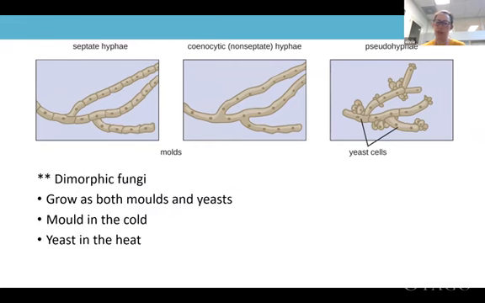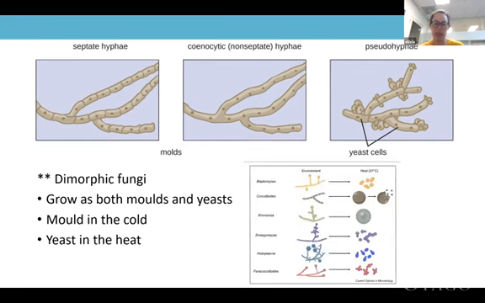And then there's one other weird group to be aware of called the dimorphic fungi, and basically they grow both as molds and yeast depending on the environment they're in. The typical thing to remember is that they're molds in the cold and yeasts in the heat. So in the environment they're molds, and when they're in the human body, at 37 degrees, they're yeasts.